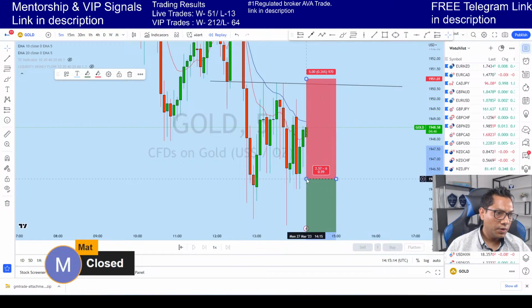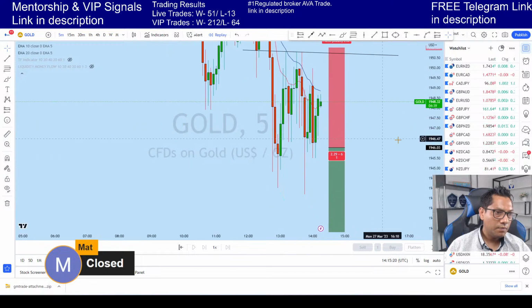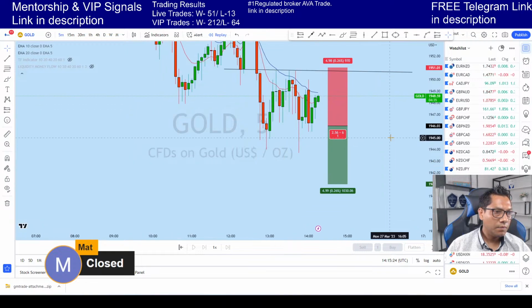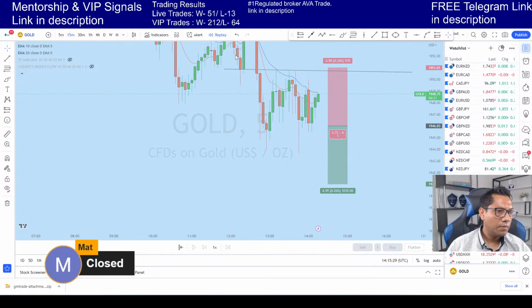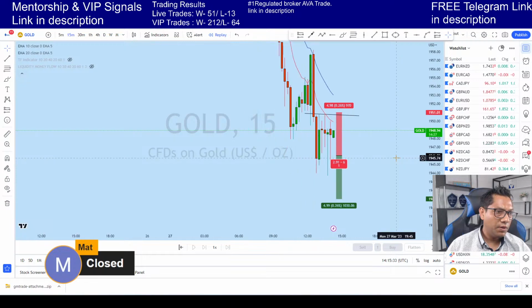Why has this open gap down? So there is a big doji on the 15 minutes.